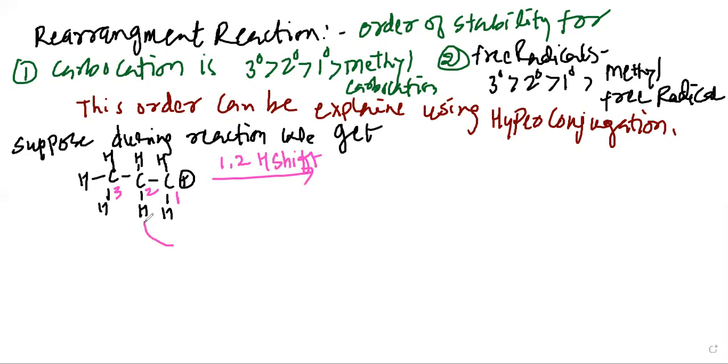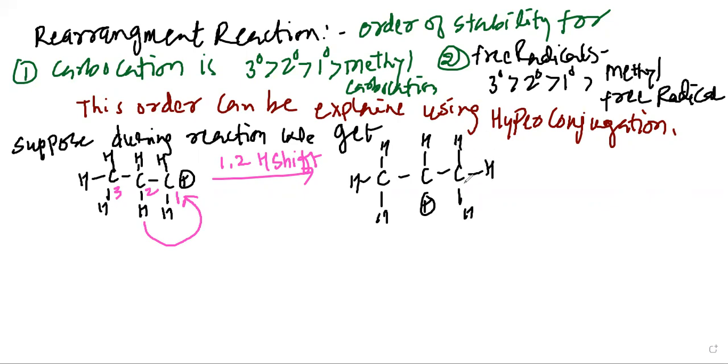This hydrogen moves from the second carbon to the first carbon, and we finally get CH3, then CH, this carbon gets the positive charge, and we get CH3. Here the primary carbocation is converted into a secondary carbocation.